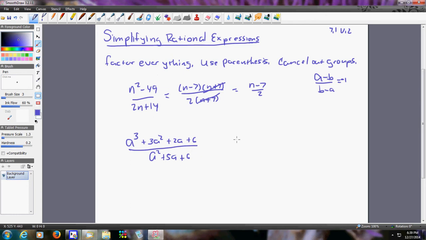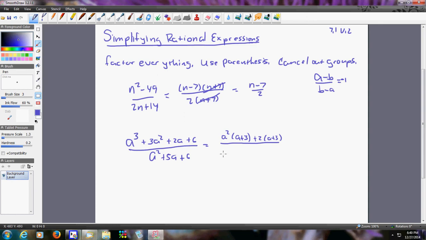I can't cancel out the a squares. I can't cancel out the a's. I can, however, recognize that this is a group of 4. So if I factor out an a squared, I'm going to be left with a plus 3. And if I factor out a 2, I'm going to be left with a plus 3.